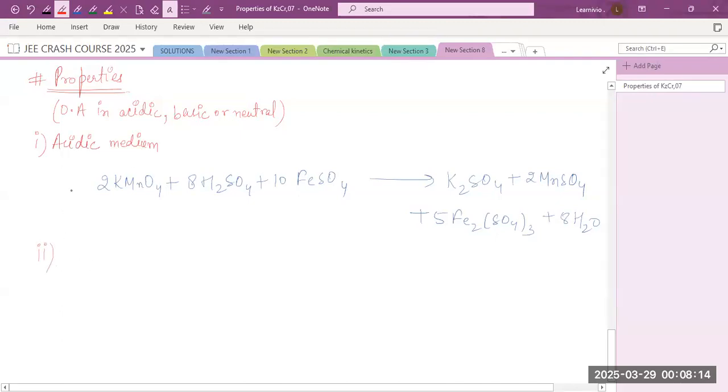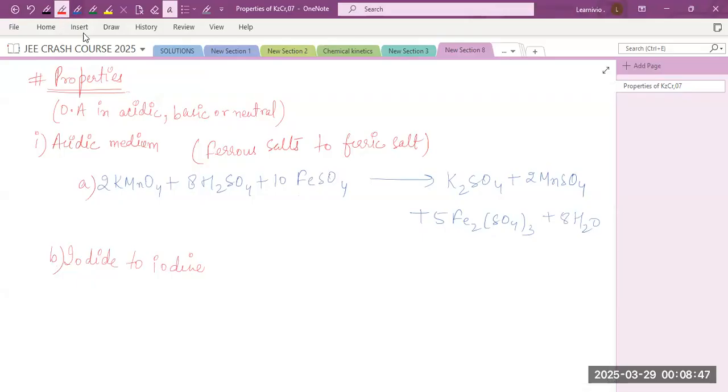In acidic medium, the ferrous salts are converted to ferric salts. Another example is that it also converts iodide to iodine in the same condition. This is part B, in the acidic condition.